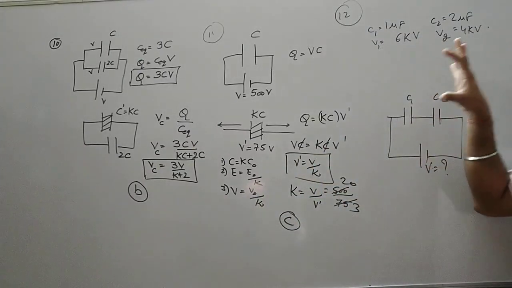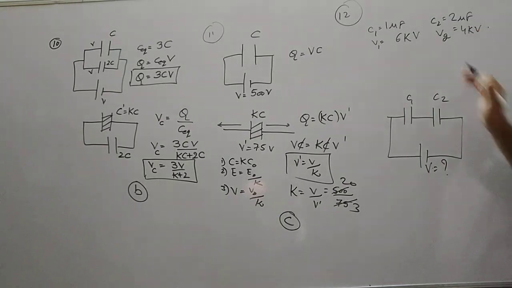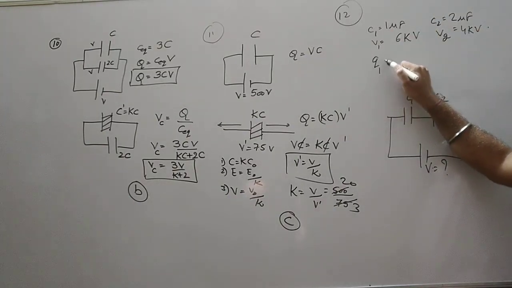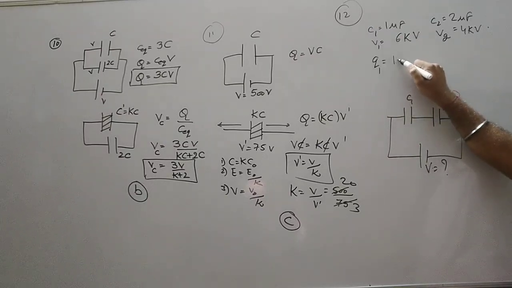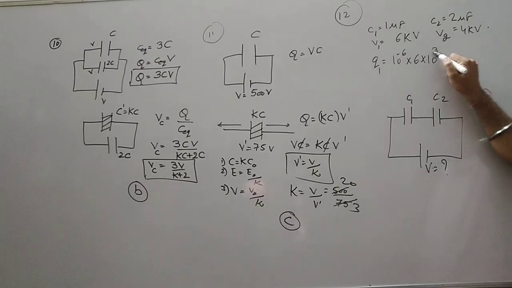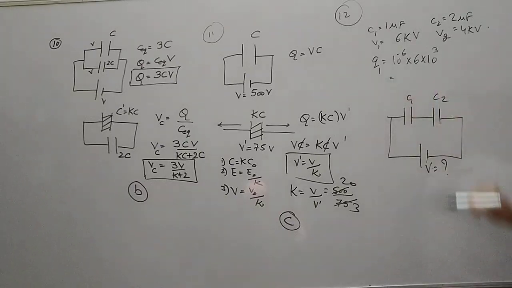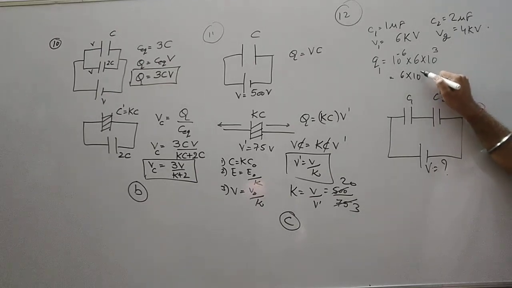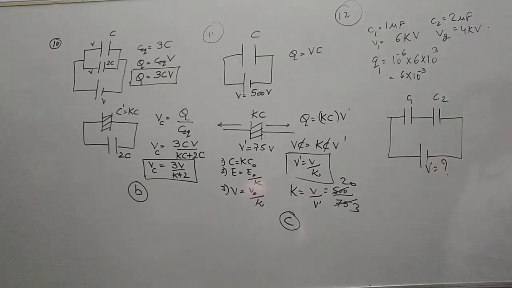So let us first find out the maximum charge that can be deposited on it. Q1 is equal to 1 micro, that is 10 raised to minus 6, into 6 into 10 raised to 3. So this is equal to 6 into 10 raised to minus 3.